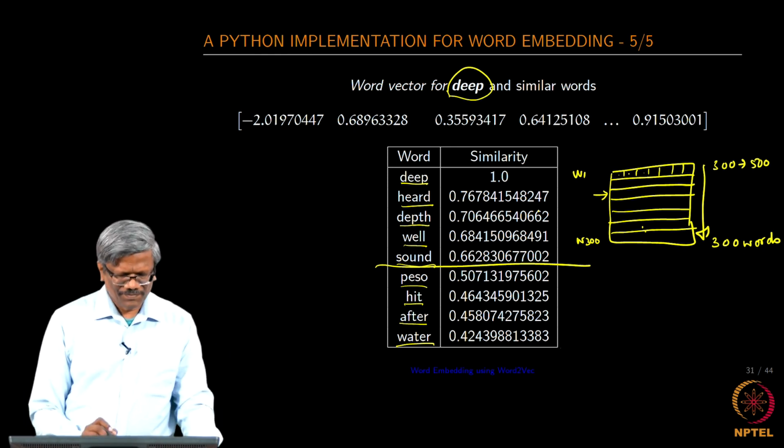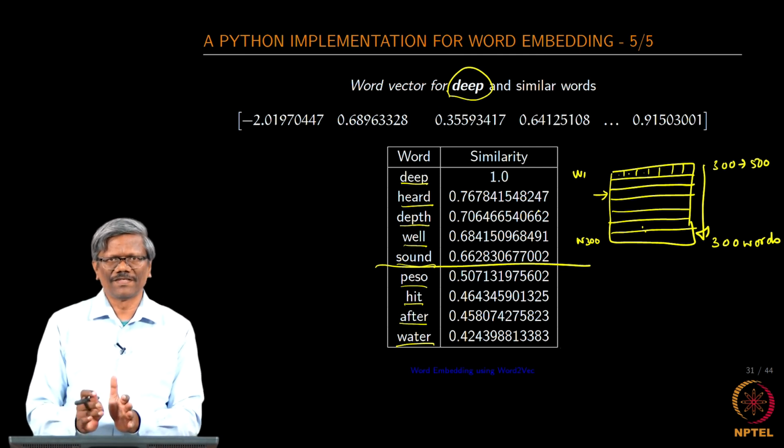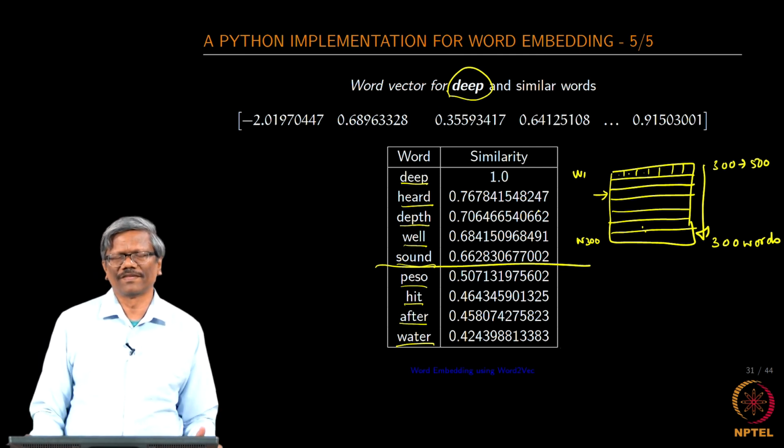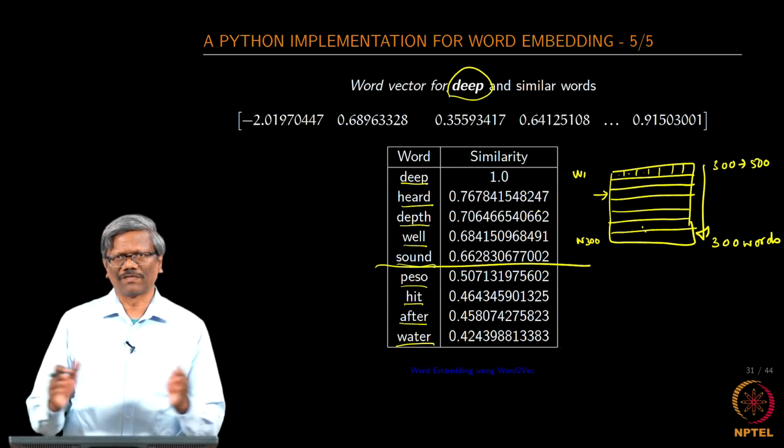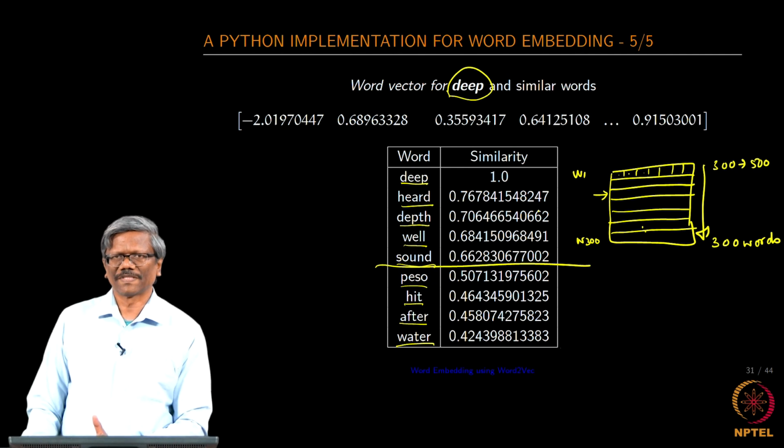So, you get this, right. This is the most crucial part in natural language processing, where you need to really create word vectors for the given context and corpus. Okay.